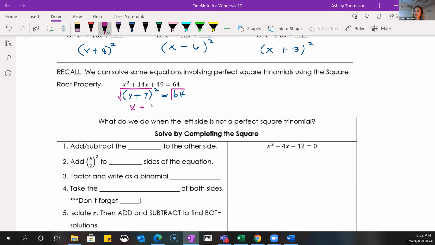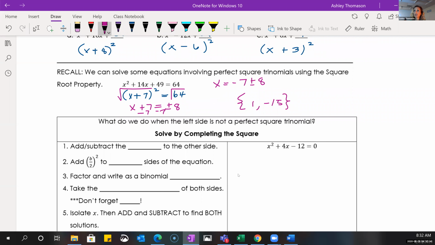That gives me x plus 7 equals plus or minus 8. Subtract 7, so I get -7 plus or minus 8. That gives 2 answers: -7 plus 8 is 1, and -7 minus 8 is -15. This is something we have already practiced, although we didn't factor it first. We could factor this, square root it, and solve that way.